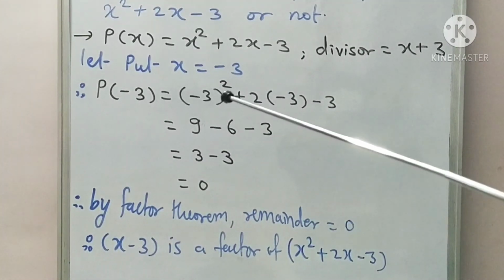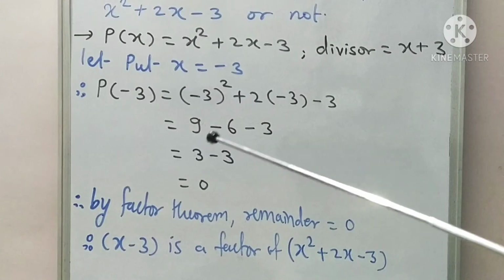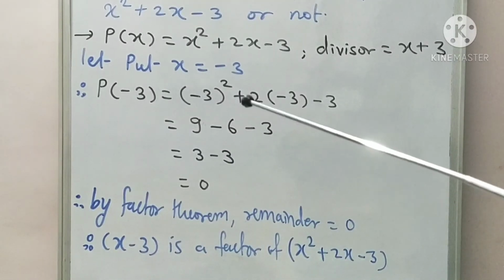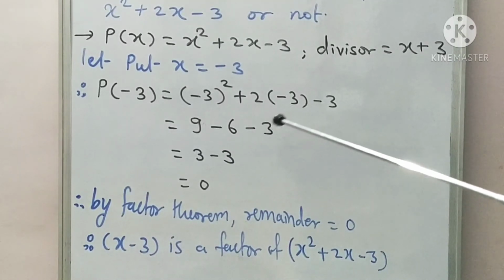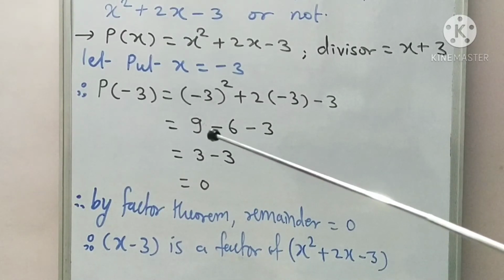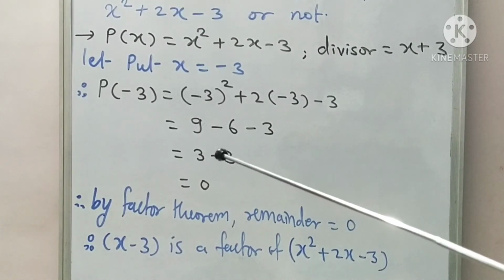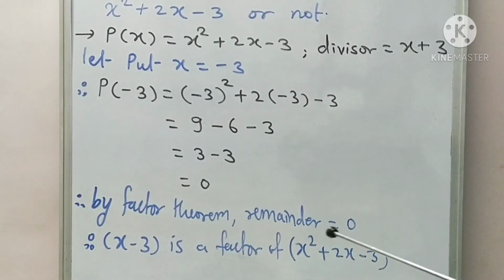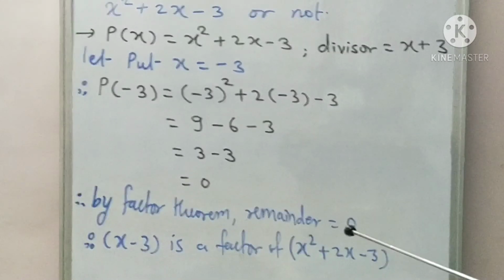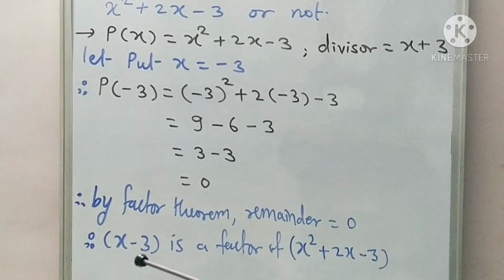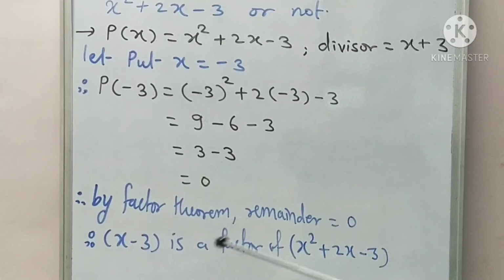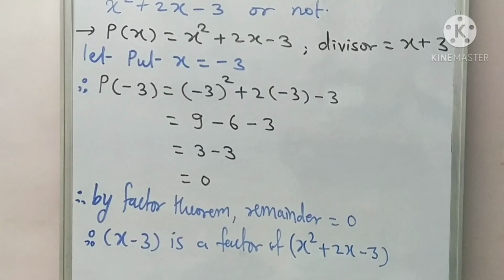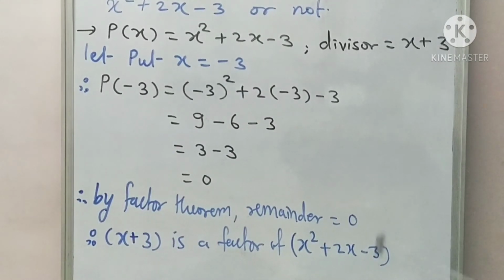What we notice here, students, is that the square of minus 3 is 9, 2 3s are 6, plus into minus, minus and minus 3 as it is. So 9 minus 6 is 3, 3 minus 3, answer is 0. So by the factor theorem the remainder is 0, and if the remainder is 0, then the divisor x minus 3, sorry, it's not x minus 3, it's x plus 3, is a factor of the polynomial x square plus 2x minus 3.